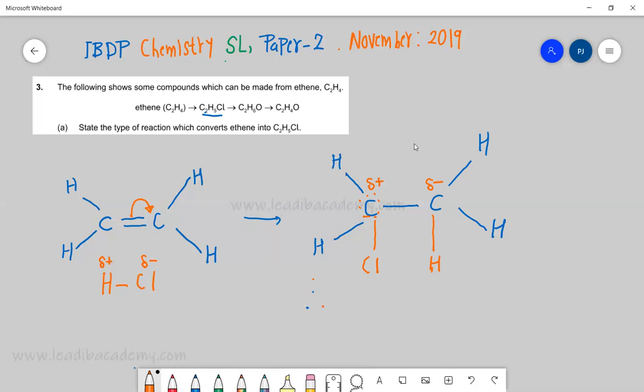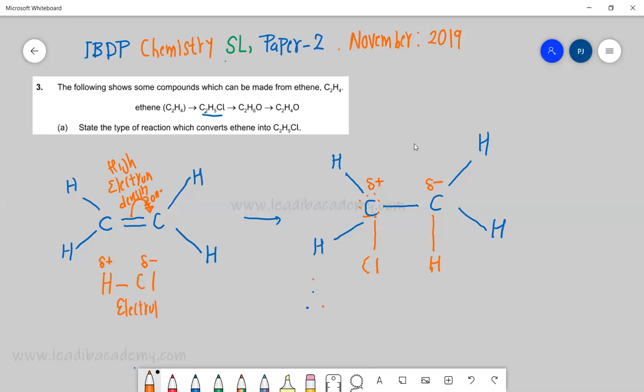So what is important now? There was a high electron density zone because of these pi electrons. So it is rich in electrons. Who is going to attract? Obviously, it is nothing but an electrophile.